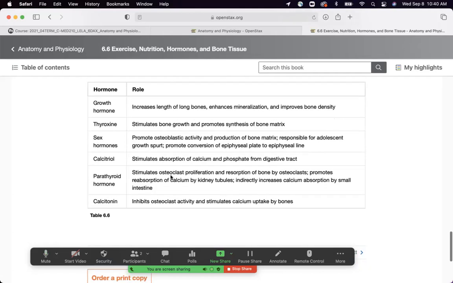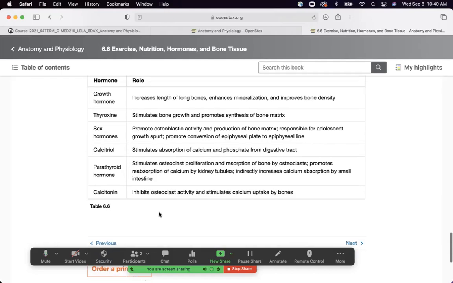Parathyroid, they stimulate osteoclast. So if calcitriol stimulates absorption of calcium, parathyroid would stimulate what? The breakdown or bone resorption, right? And that's where I also get calcium. And parathyroid hormone is very, very active, especially for your female patient who needs it for nursing. And calcitonin does the exact opposite. Inhibits osteoclast and stimulates calcium. So think calcitonin, calcitriol, think increased calcium.